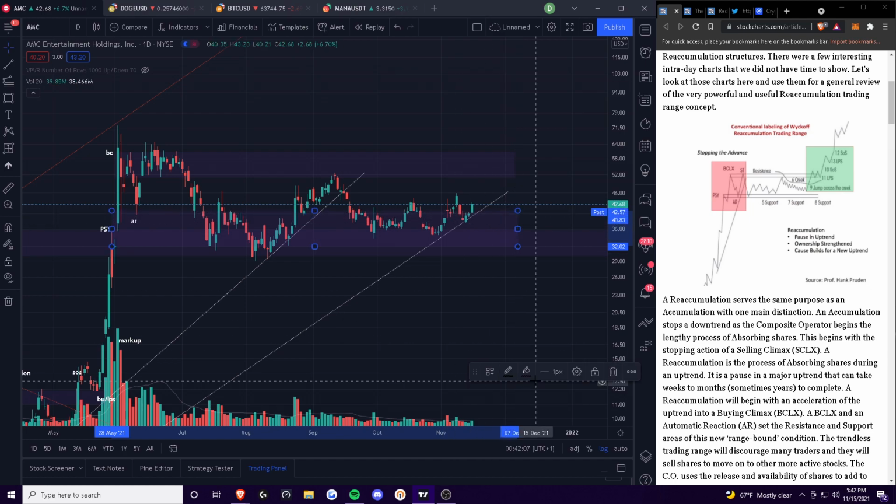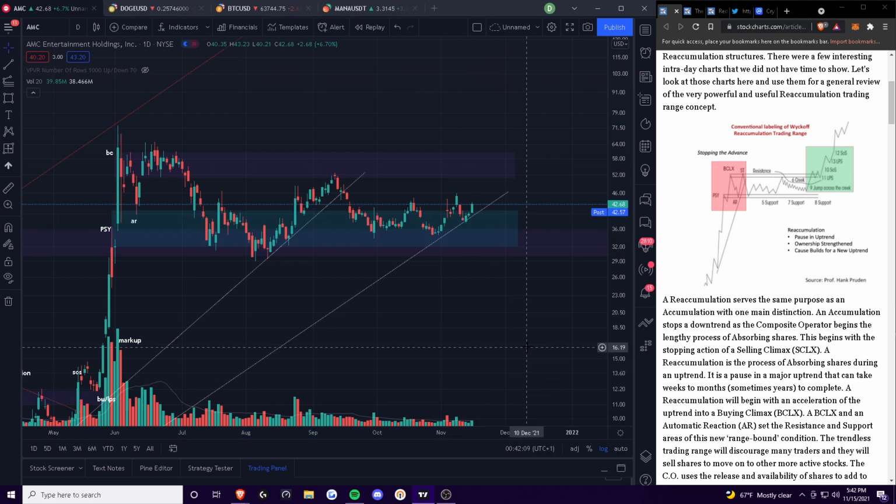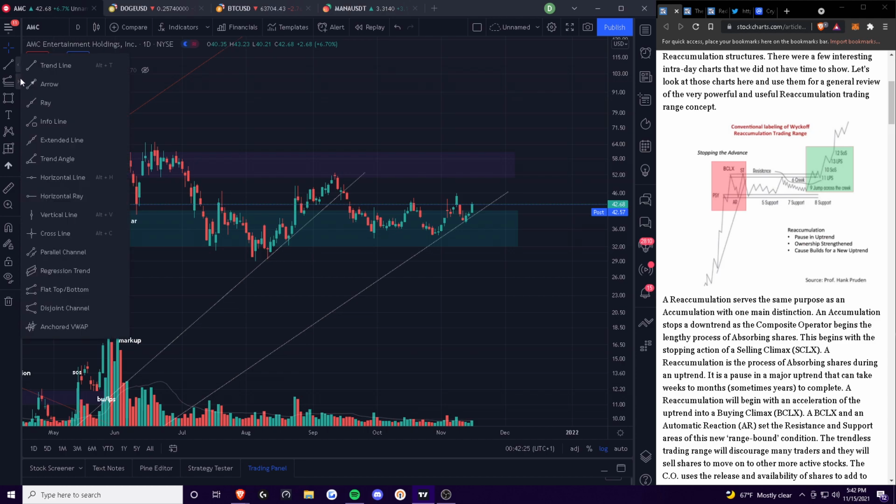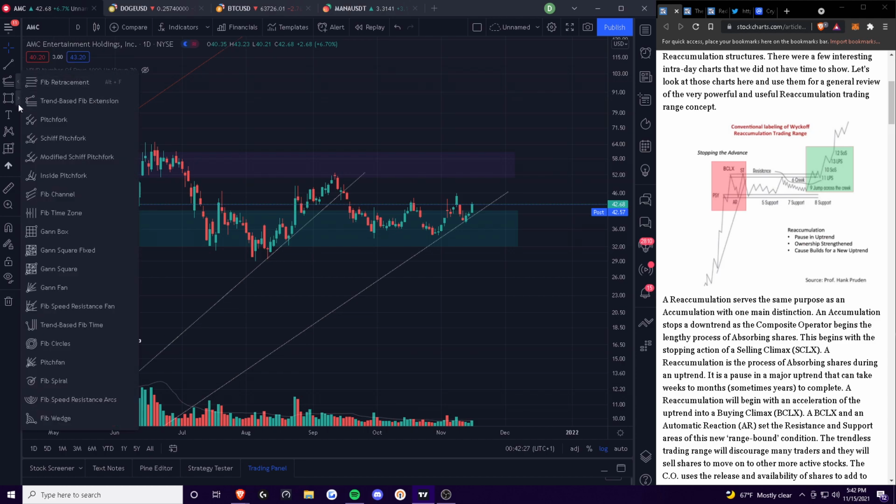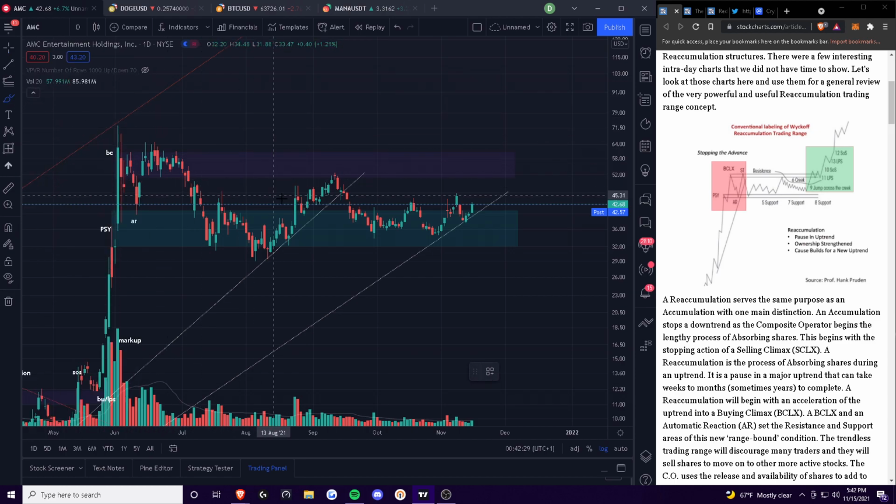Yeah, if you look at it from this perspective, it's actually kind of interesting, because what you have now is we've existed in this trading range, right? And if you look at the conventional labeling of Wyckoff re-accumulation, what it would appear is occurring now is that we have our creek section of the chart.